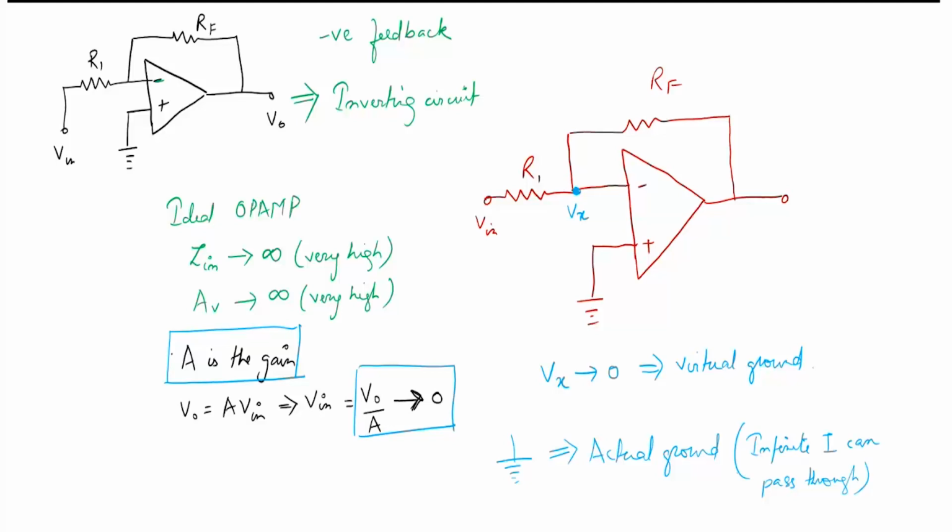But in the case of virtual ground, can any current pass through it? No, because the input impedance is very high. Can you now understand the difference between virtual ground and actual ground?